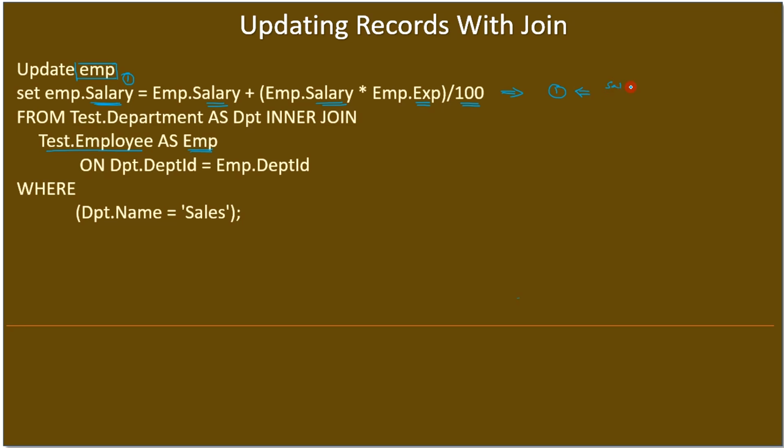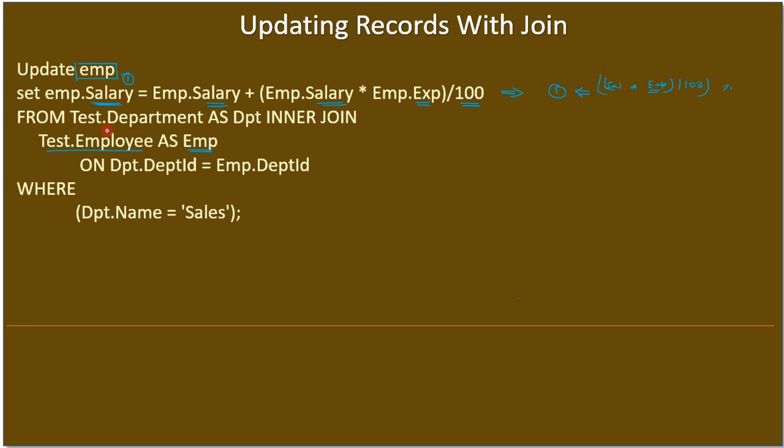So salary into experience divided by 100 gives the percentage. When experience is more, the people will get a larger percentage of bonus, we can say. So employee.salary plus this incentive or bonus, whatever you call it, the salary will get updated. So from the employee table we are updating the salary.